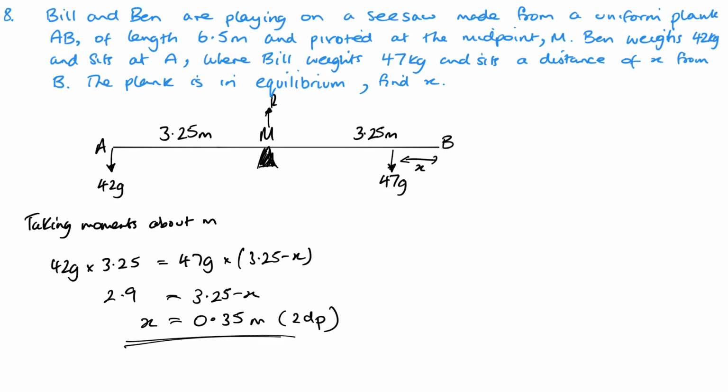Now an alternative way, which is probably a little bit longer, is to also find the resultant vertically, which would be R equals 42g plus 47g, which is 89g.